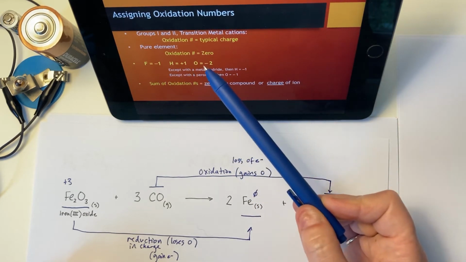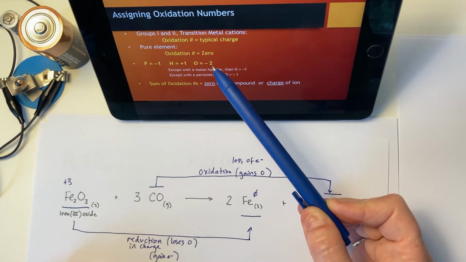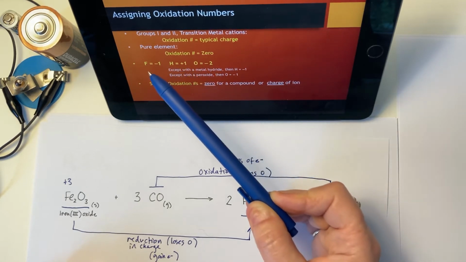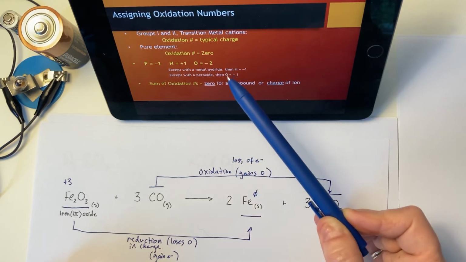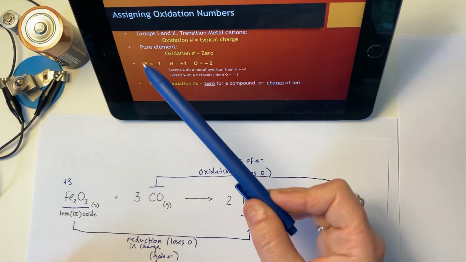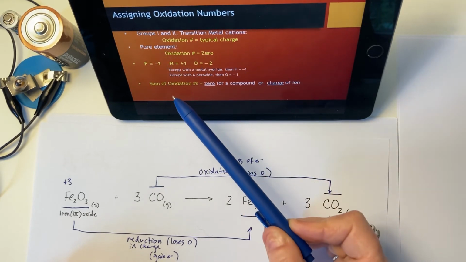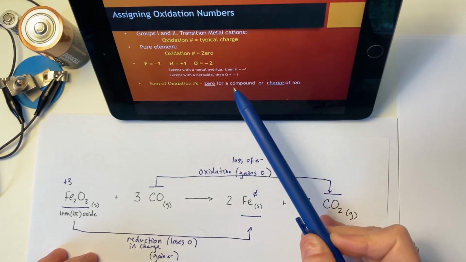Now, these are really helpful. Things like oxygen, here's its oxidation number, hydrogen, and fluorine. Those are really, really helpful. And a couple of exceptions here. And then the last thing is there's a lot of other elements. So to figure out what the oxidation number is for all other elements, we need to follow this.